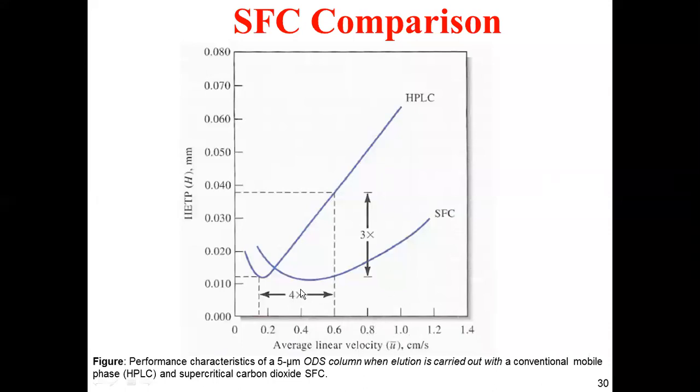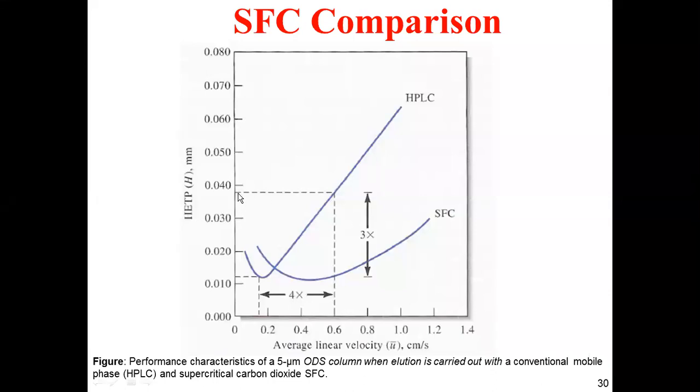Whereas in the case of SFC, as the average linear velocity of the mobile phase is increased, there is a less rapid increase in the height of the theoretical plate, as you can see by the wide curvature in this Van Deemter plot for SFC. Assume the linear velocity of the mobile phase is 0.6 centimeter per second for HPLC. Then the height of the theoretical plate will be around 0.039 or 0.038 millimeter.